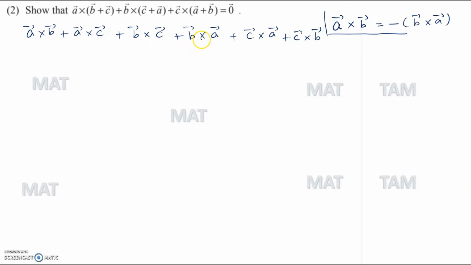Okay, now we'll rearrange these three with the minus sign using this non-commutative law property.